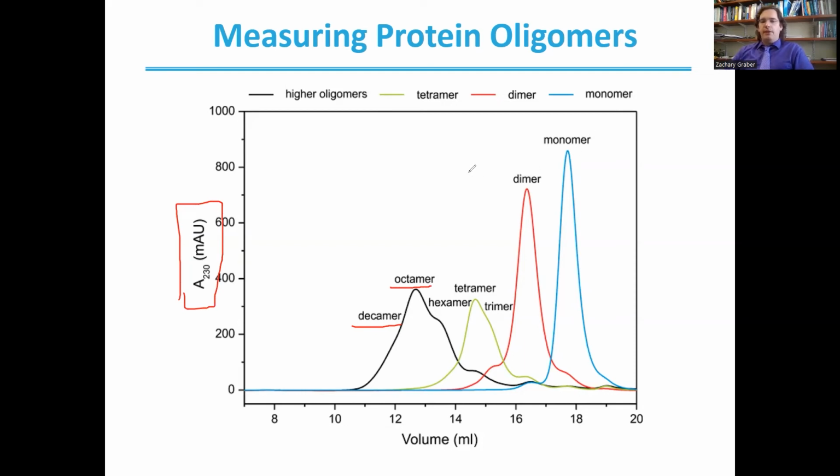Based on the area of these peaks, you could actually then calculate what the relative composition of your sample is, right? You can compare how much of your protein is found in the octamer versus how much of your protein is found in the monomer. And again, it's quite common to see proteins oligomerizing this way. So it's not rare to find different peaks here showing different oligomers that might tend to form.